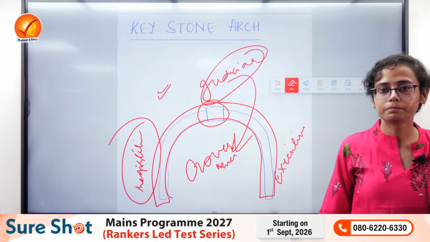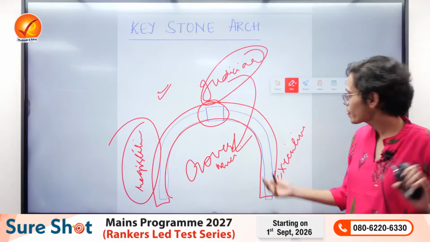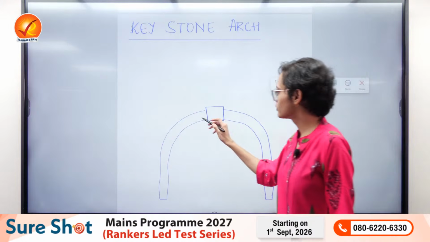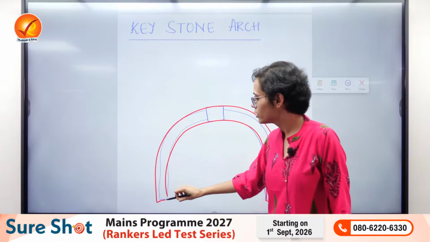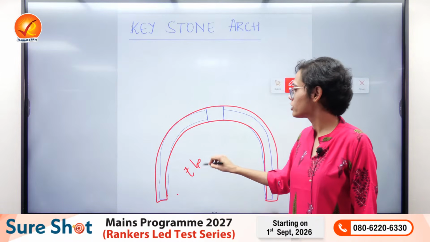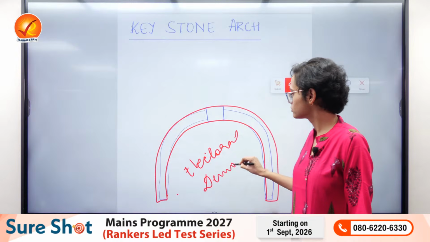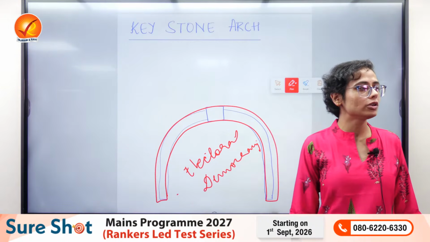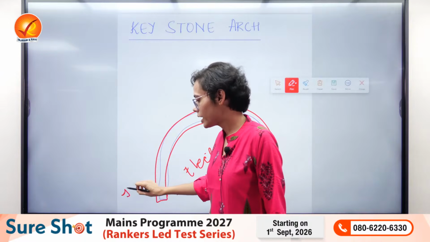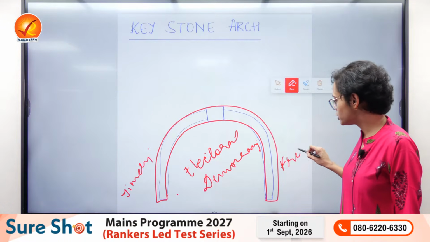Much better way. Take one more example. Let's say this is the pillar of electoral democracy. What are the components of electoral democracy? Timely and free and fair election.